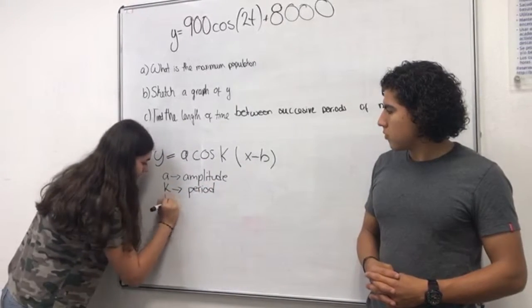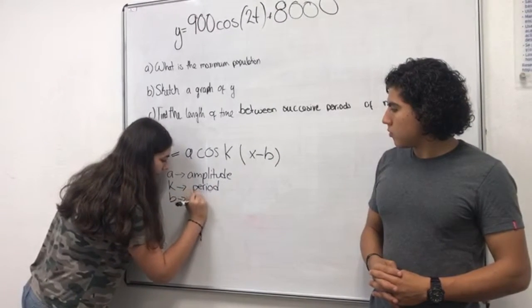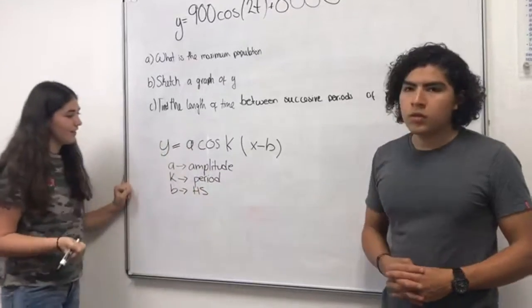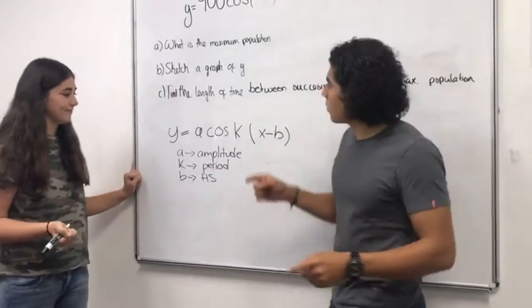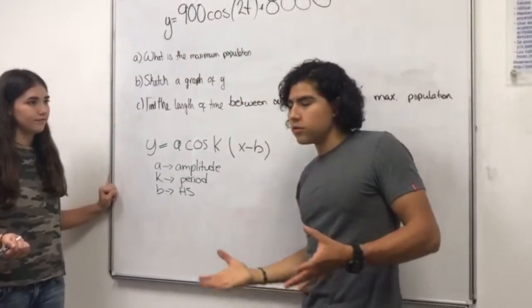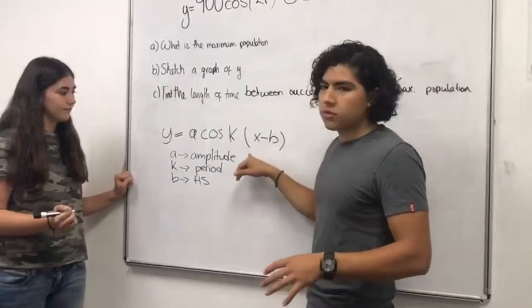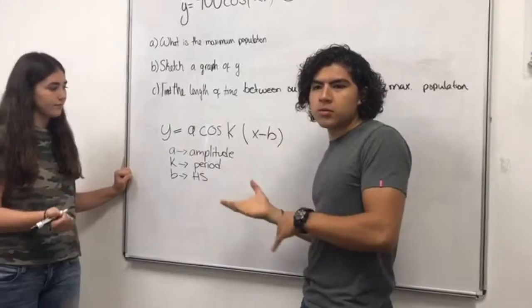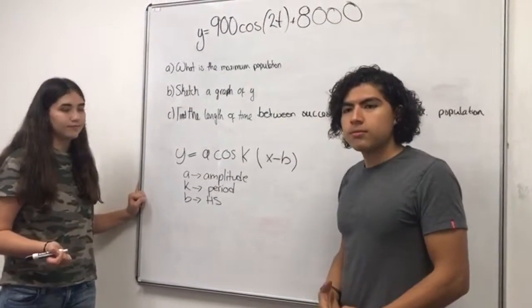And B is your horizontal shift. But since we're talking about a population, 900 would be individuals, so the unit we would use is like a person or an individual, an animal in this case.